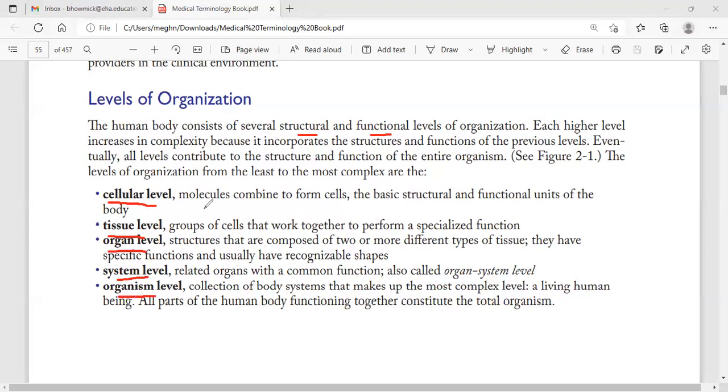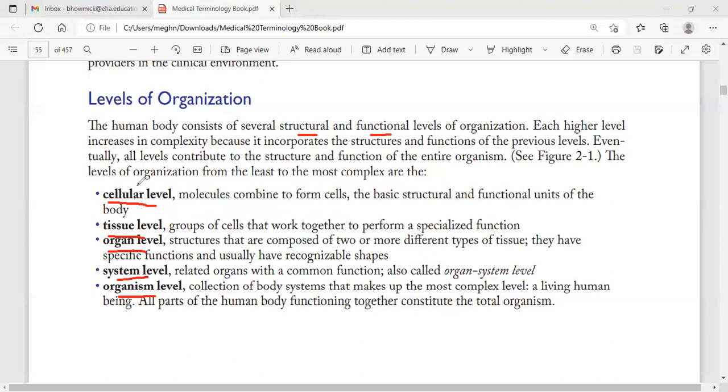Cellular level, molecules combine to form the cell, the basic structural and functional unit of the body. Tissue level means groups of cells that work together to perform a specific function.